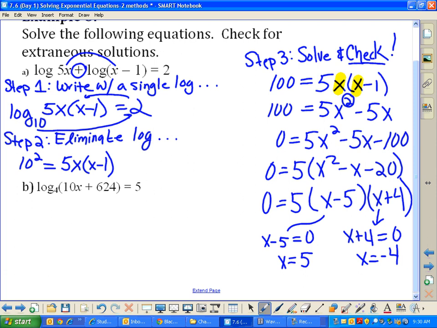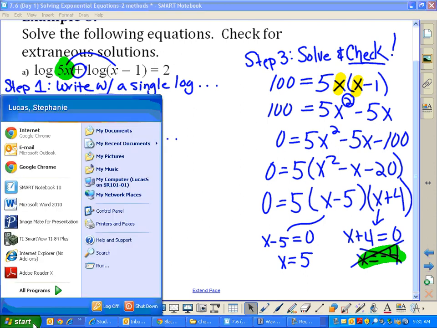But as I look, thinking about, I can't take the log of a negative number, I know that negative 4 isn't going to work out for me. Because if I plug it back in, if I take my negative 4 and I plug it back in up here, I end up taking log negative 20.